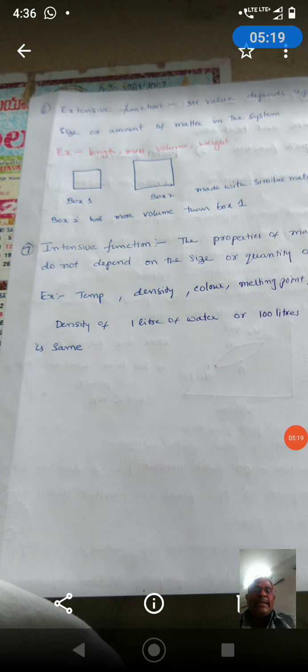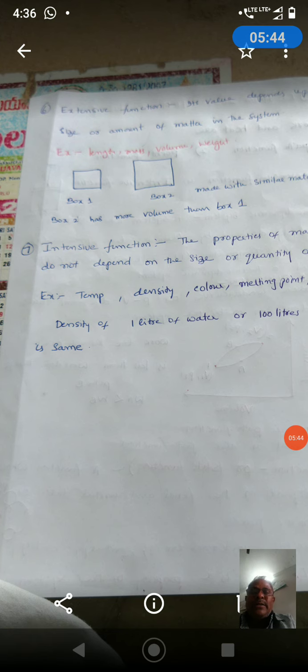They are made with the same material. If you take their volume, the volume of box 1 is less than the volume of box 2. So box 2 is bigger and box 1 is smaller. So volume is an extensive function. Its value depends upon the size or amount of the matter.